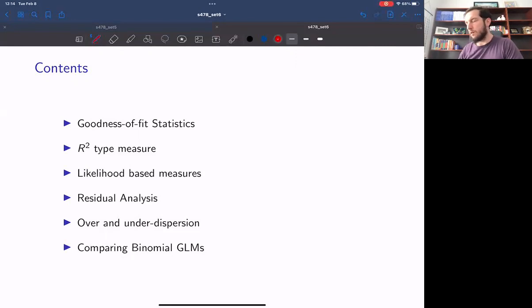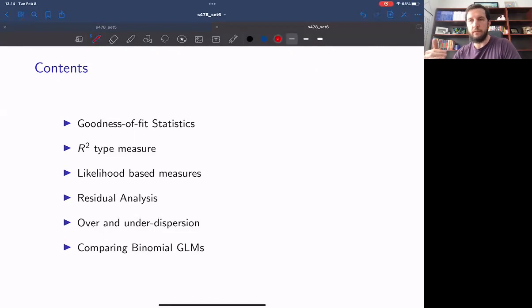So I mentioned before that the deviance is a value that can be used to conduct a hypothesis test about the suitability of the fitted model versus the maximal model. But we can also use the deviance to determine if there is evidence that the variance of the response variable is larger or smaller than it is expected to be under the binomial assumption.